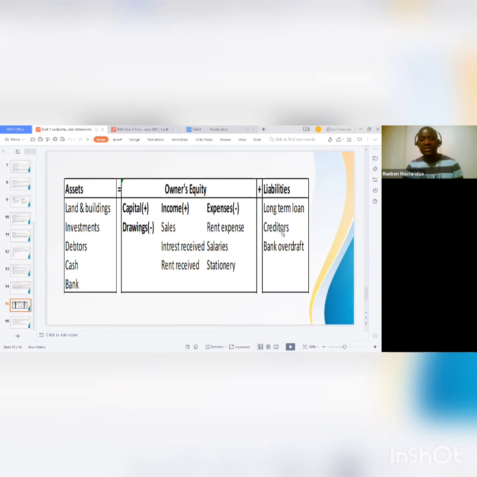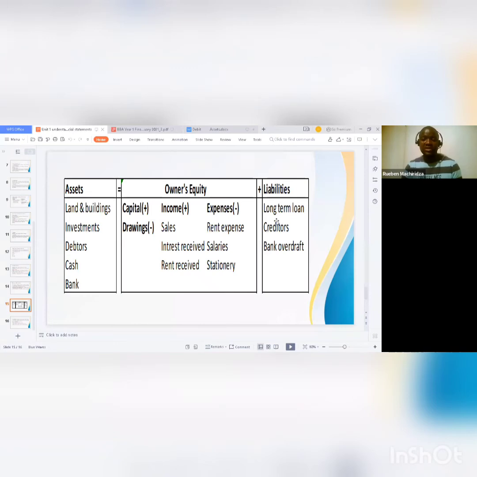And then we've got creditors. As we can sell on credit, we can also buy on credit. When we buy on credit, we create what we call creditors, people whom we owe money. So we buy specific goods in order to resell them. We buy them on credit because we may not afford to buy them on cash.